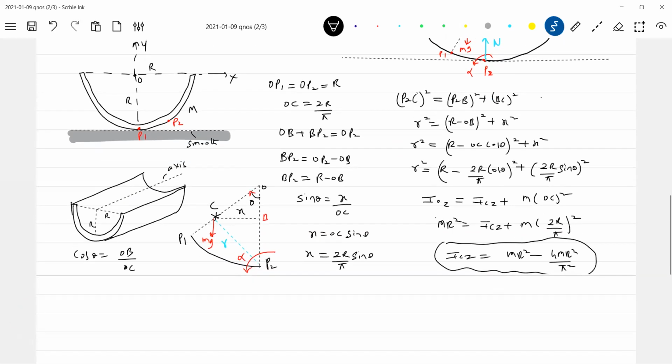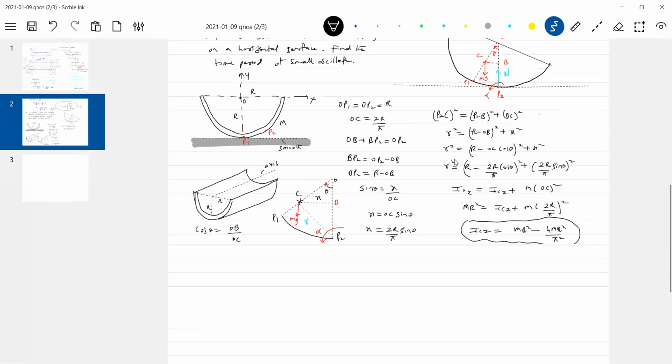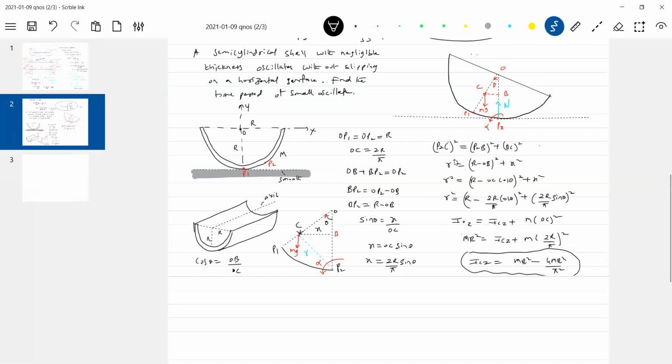What is IP2Z? It should be equal to ICZ plus M into R square. If you get an idea of a little bit of mathematics, you see why I found out so many things.